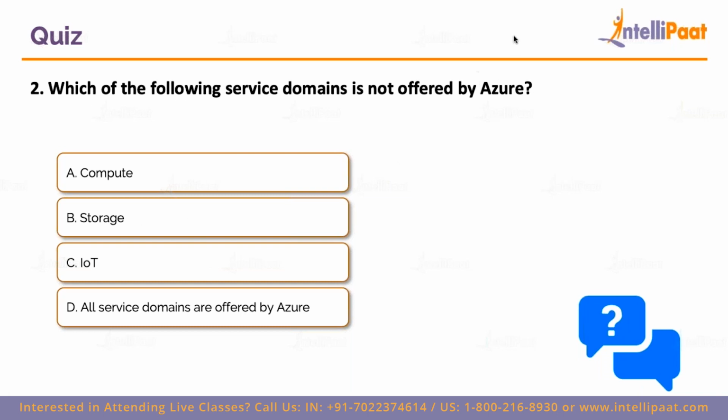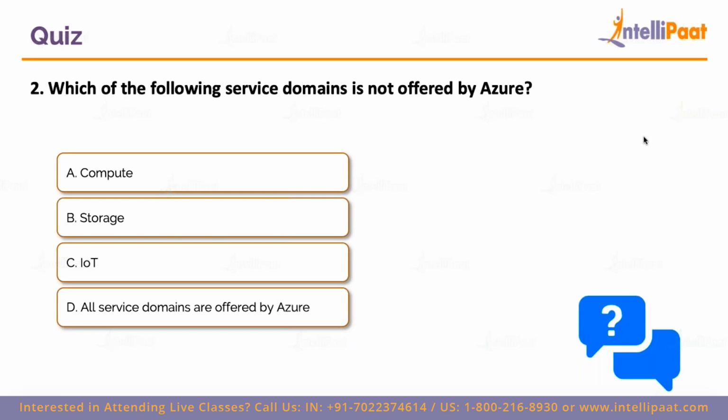Great. The second question is this: which of the following service domains is not offered by Azure? So Jonathan is saying A. Jonathan, compute domain is where the virtual machines exist, right? Santosh is saying C. Santosh, even IoT services are offered by Azure.